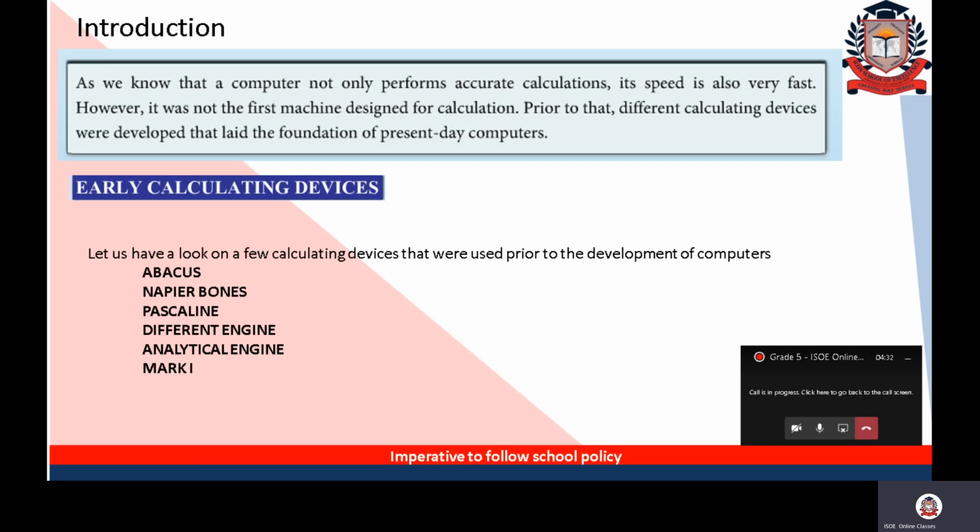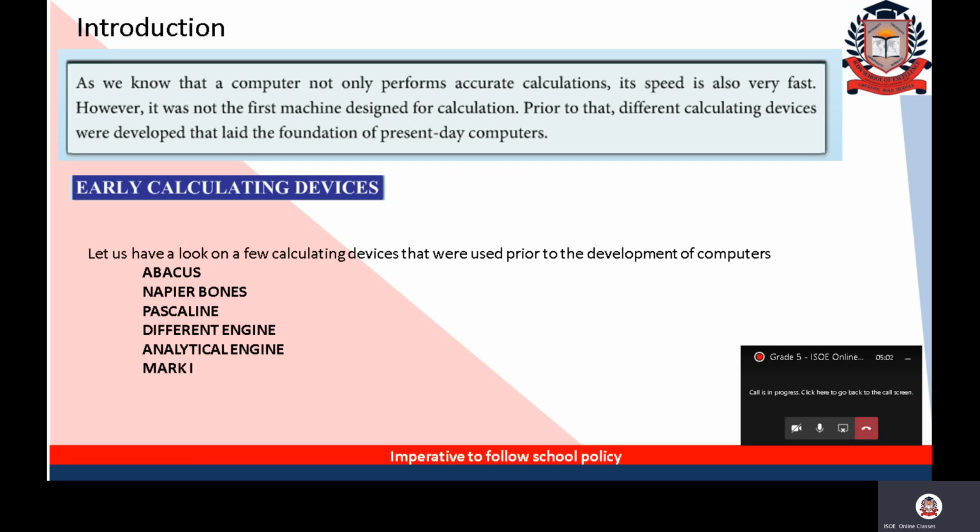Without a basic phone, you may not get a very good phone. Like present day we have very fast computers; without a base one before, you may not get the current one. Similarly for computers also, prior to computers we had different calculating devices. What are those? Let's see.